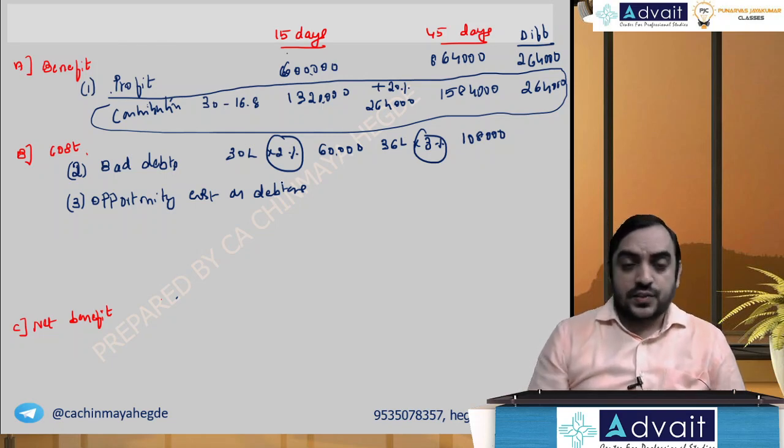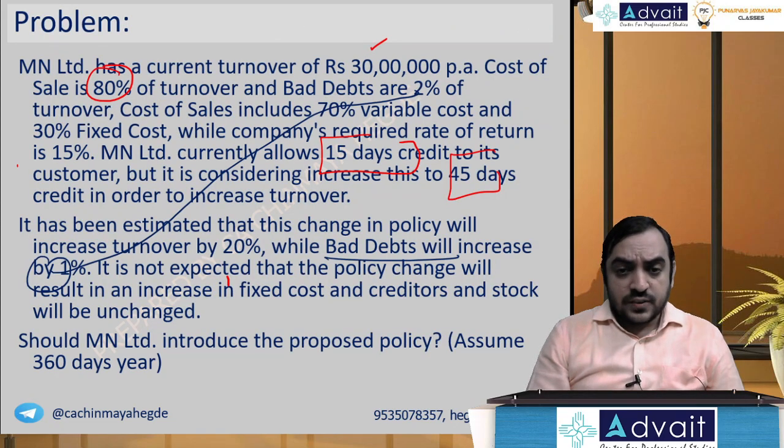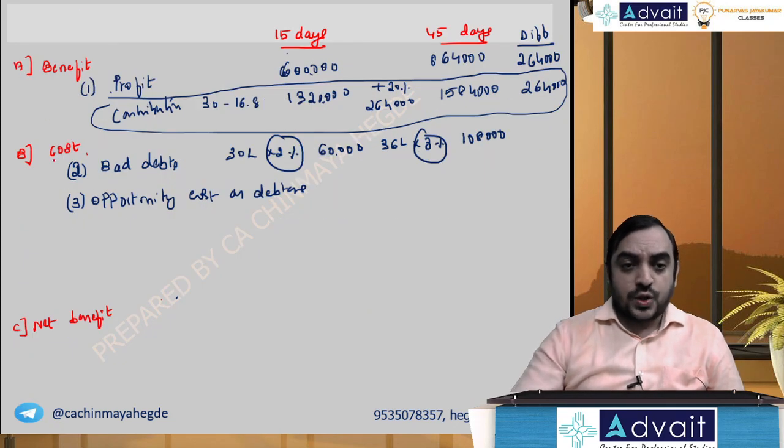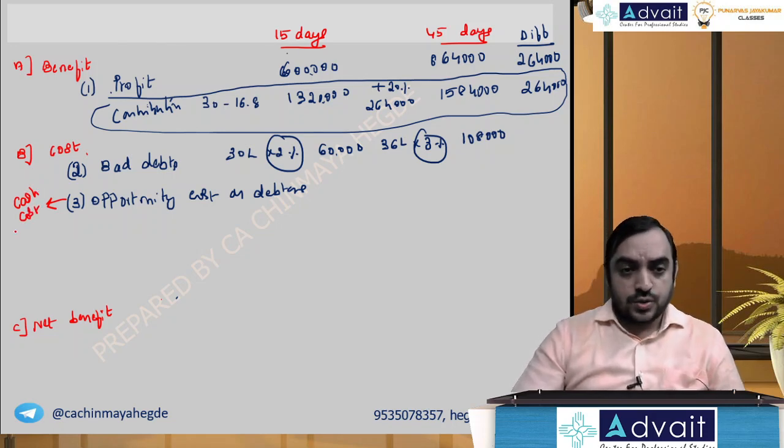Opportunity cost on debtors. Let me read the formula first. We will follow the cash cost approach. They have not specified anything, so let's follow the cash cost approach. In the exam, you can also follow the balance sheet approach. I'll go for the cash cost approach.